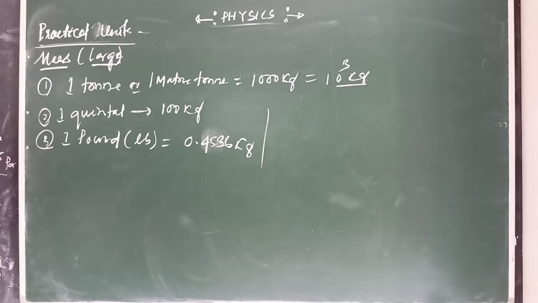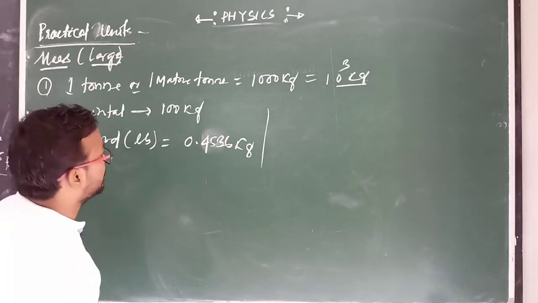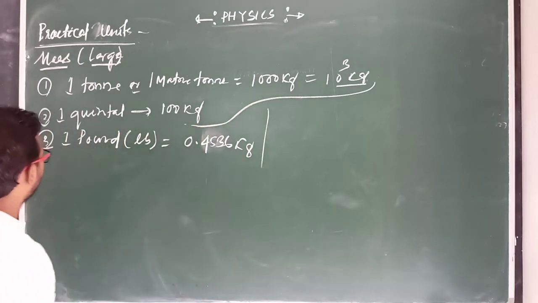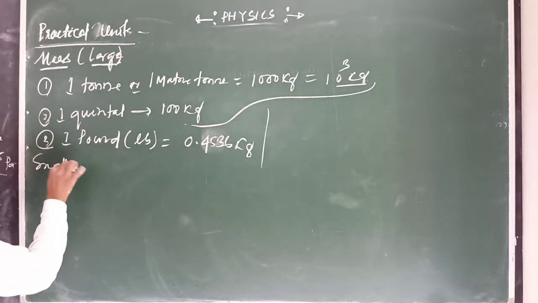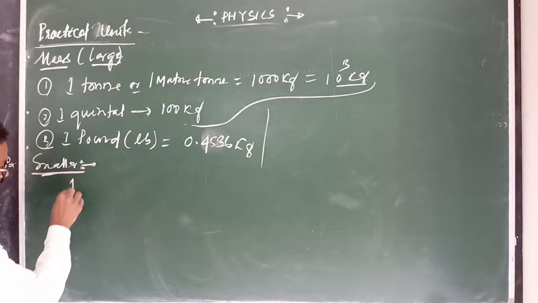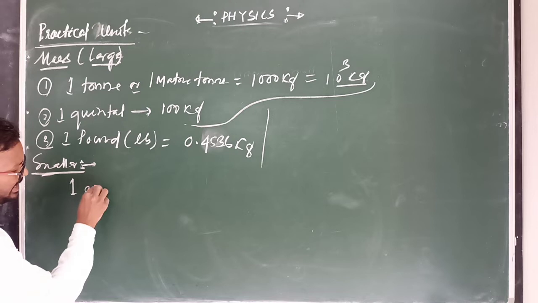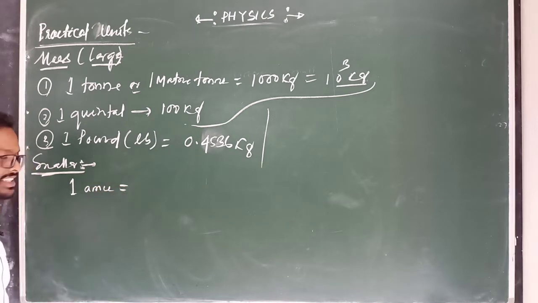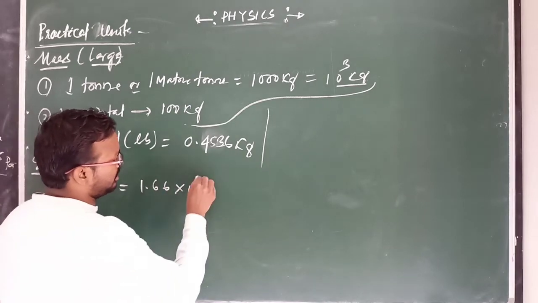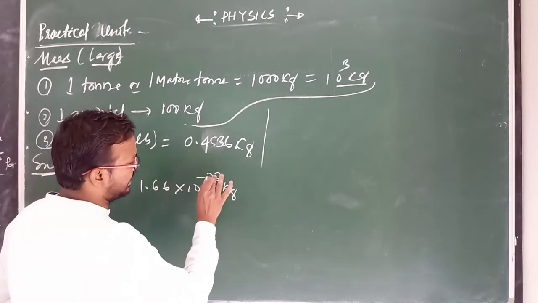So you have to remember all these things for measurement of mass. This is the bigger unit for measurement of mass, and for smaller units you have to remember 2 or 3 units. Suppose you have to measure atomic mass, then you have to remember the unit 1 AMU, 1 atomic mass unit, which is equal to 1.66 into 10 to the power minus 27 kg.